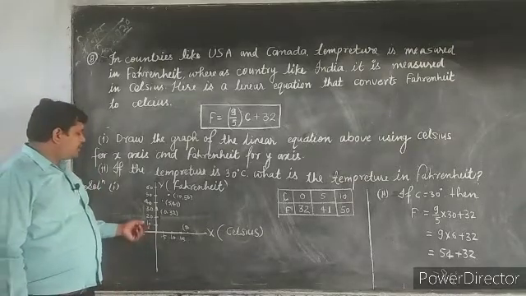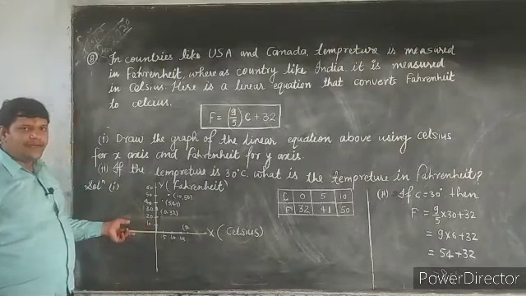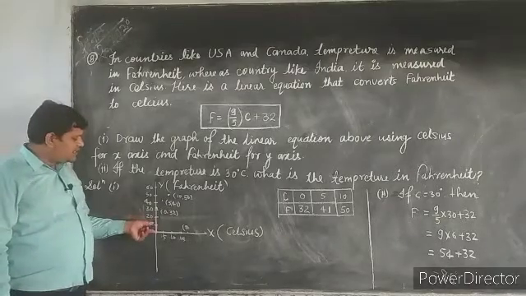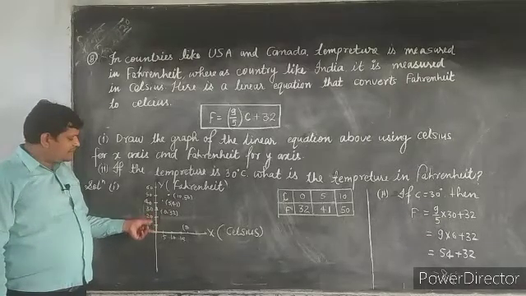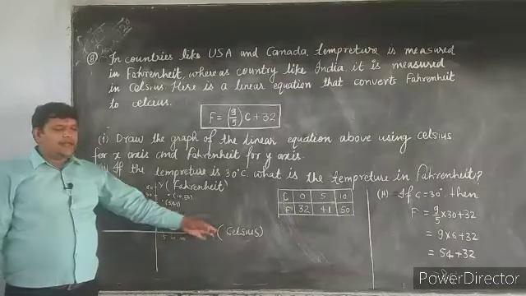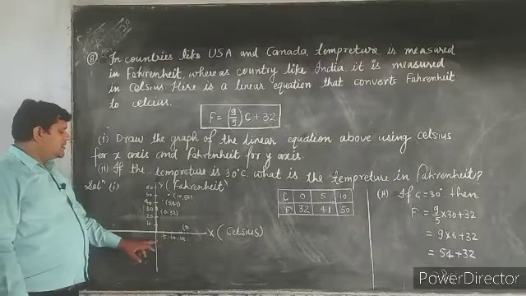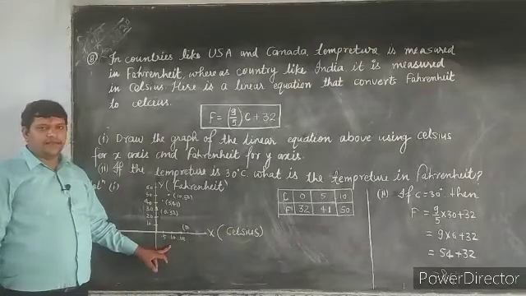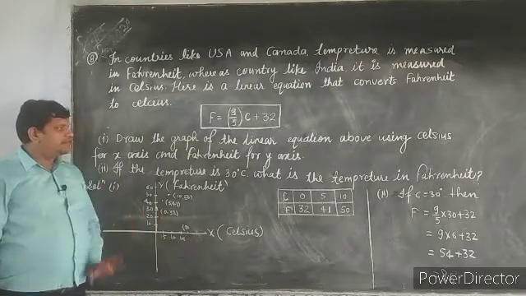For making this, we take a difference of 10 on y-axis: 10, 20, 30, 40, 50, 60, and on x-axis a difference of 5: 5, 10 and 15, and so on.